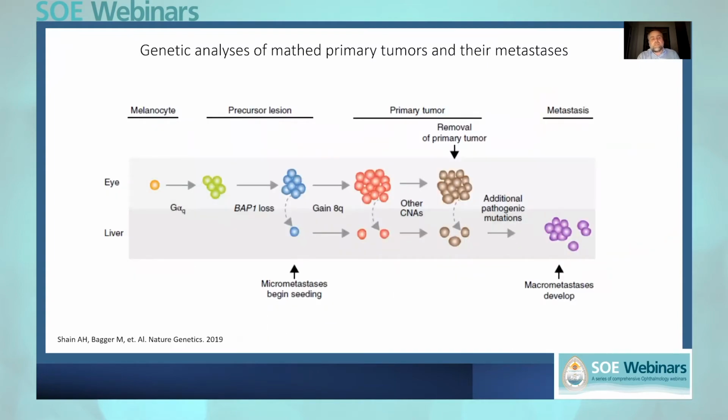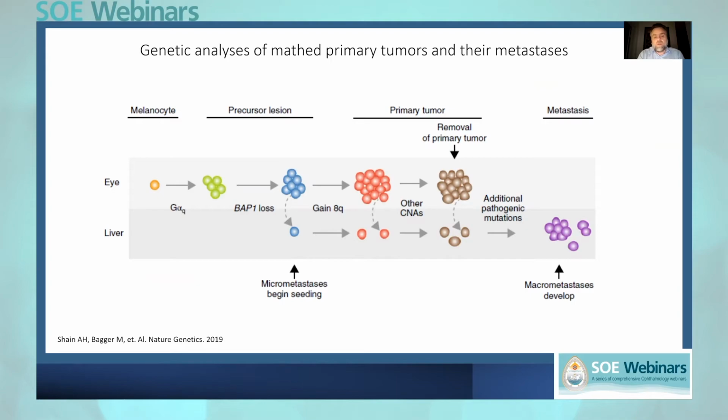We also see that the changes of chromosomal abnormalities increases with the development of metastasis, leading to the hypothesis that the development of uveal melanoma metastasis is a gradual situation where we have the melanocyte evolving into the precursor lesion, evolving into the primary tumor. But already very early, we do see that some of the cells are giving rise to micrometastasis seeding.